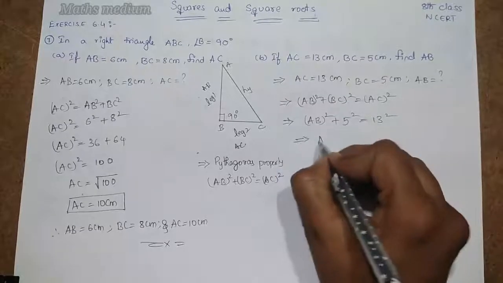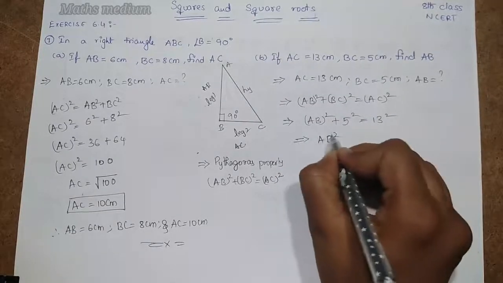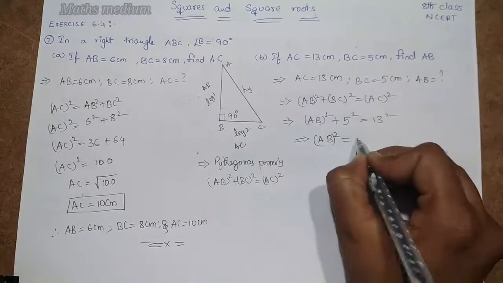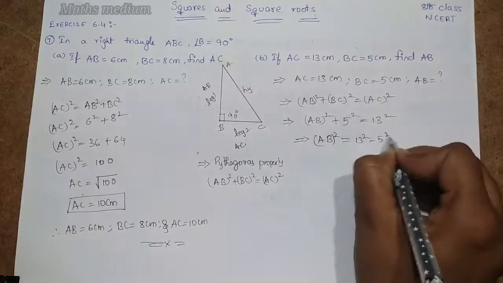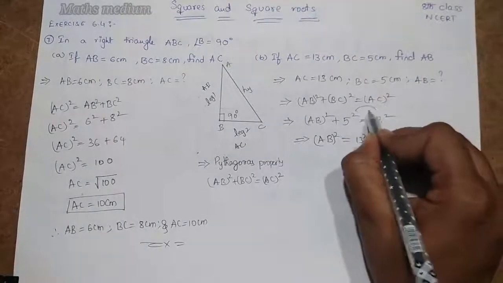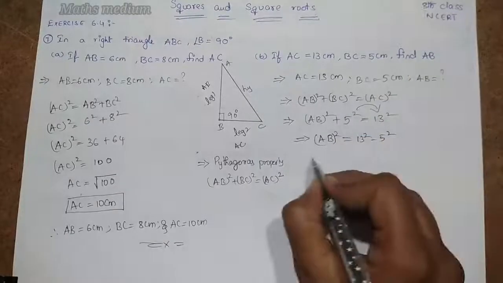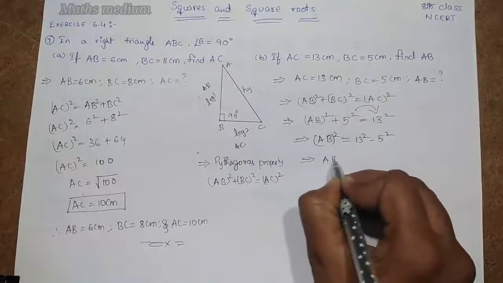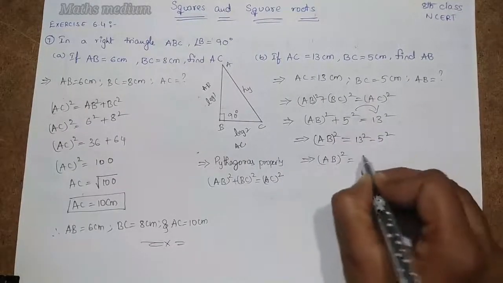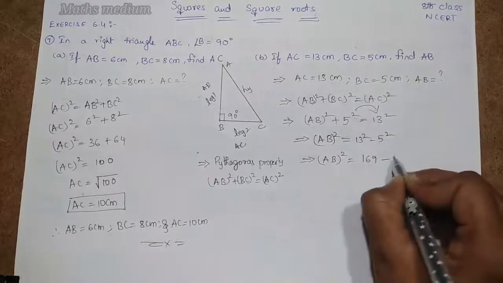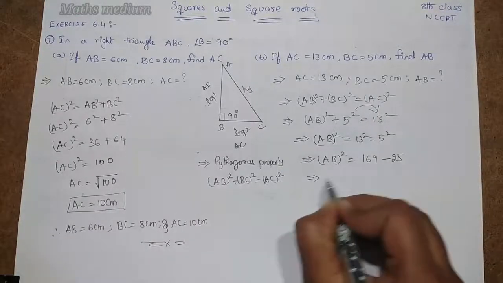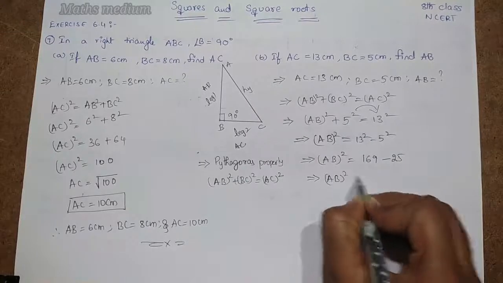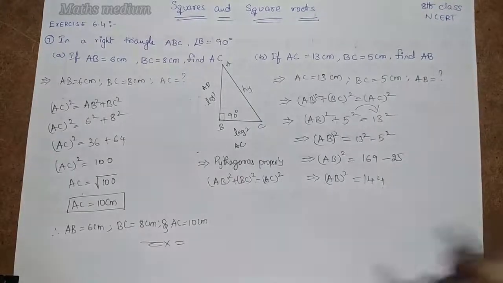Now AB square is equal to 13 square minus 5 square, because when it is transposed, it changes its sign. AB square is equal to 13 square, that is 169, minus 5 square, 25. AB square is equal to 144.